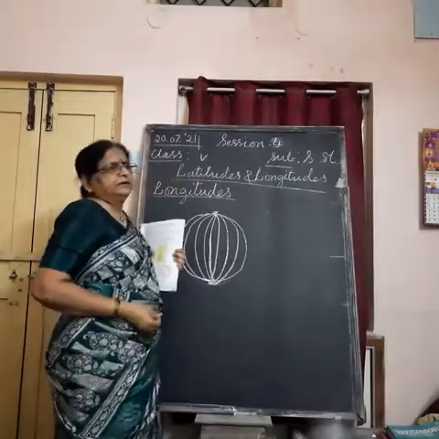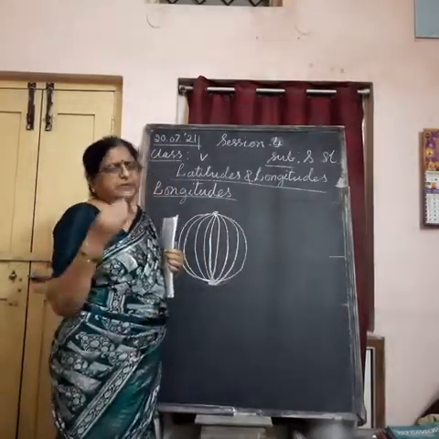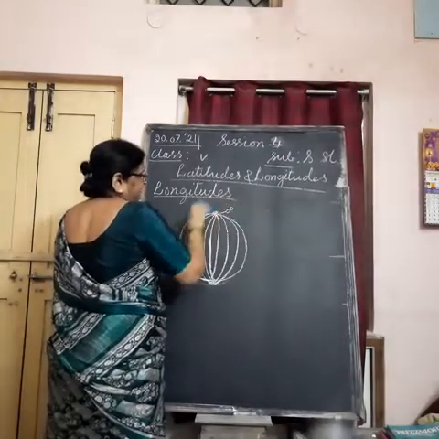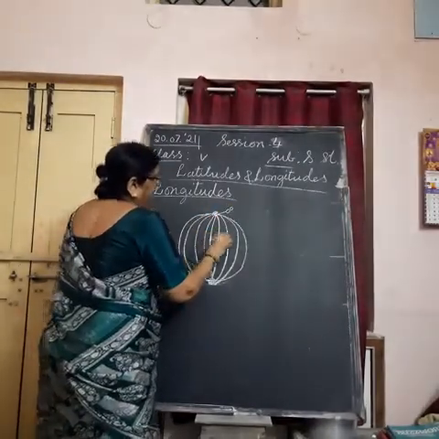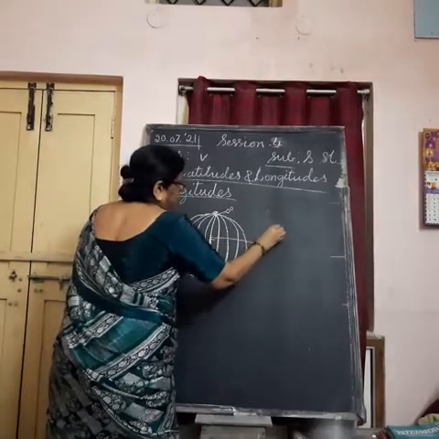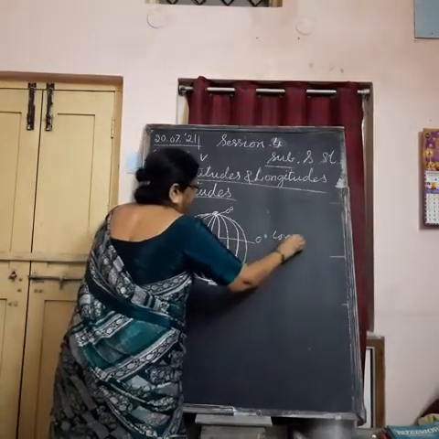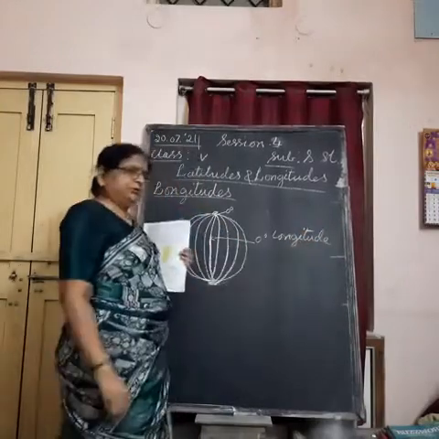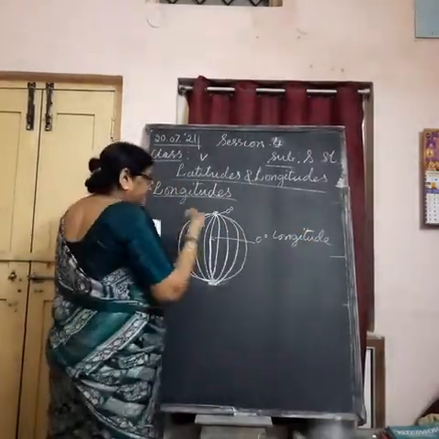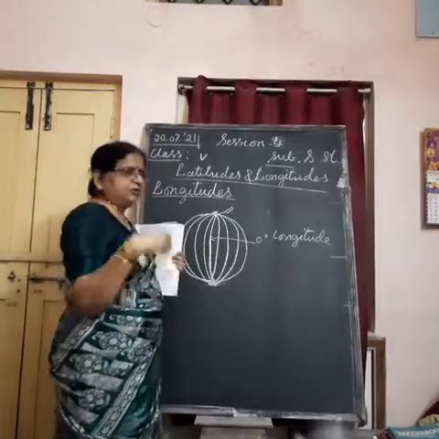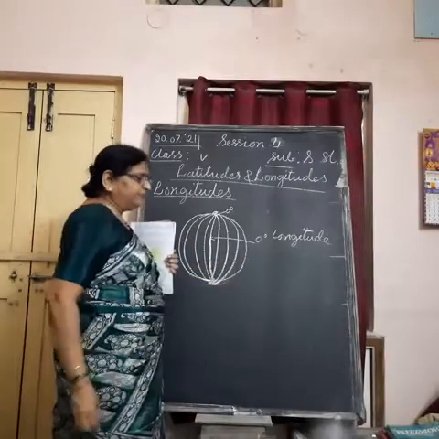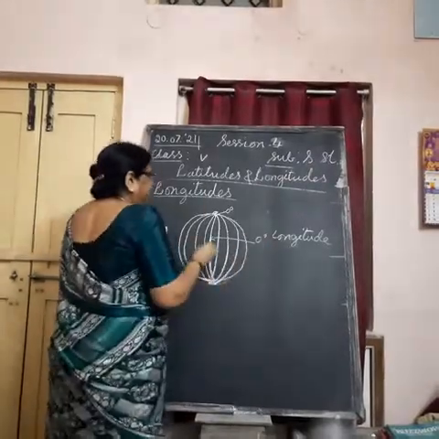As we know about the center latitude, equator, in the same way here also this is a 0 degree. We call it 0 degree longitude. These longitudes are also known as meridians, another name. As we have another name for latitudes, here also we have another name for longitude, that is meridians.